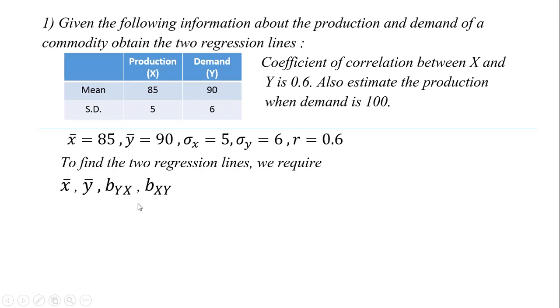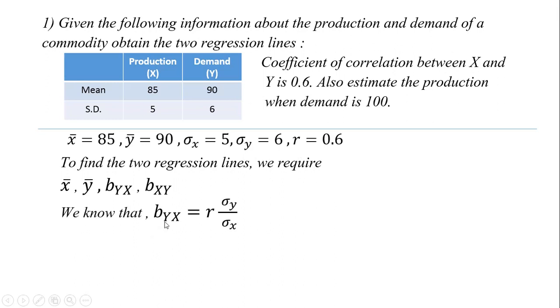Now we have to find these two regression coefficients, values of byx and bxy. Here the regular values of x and y in tabular form are not required. To find these values, we use the remaining things, that is value of sigma x, sigma y and r. So to find this regression coefficient, we use formula containing sigma x, sigma y and r.